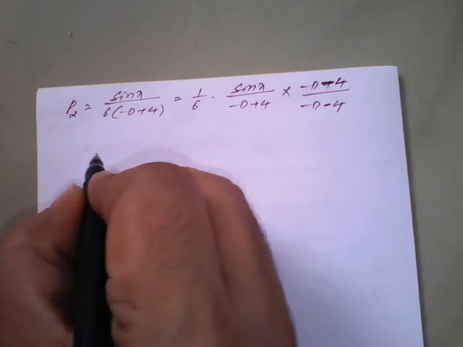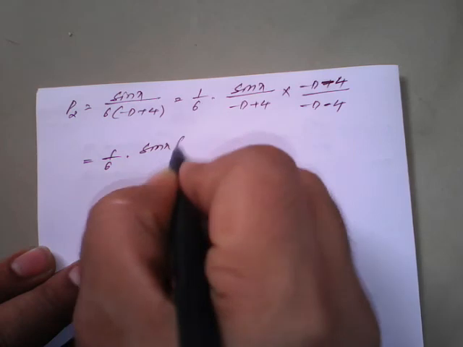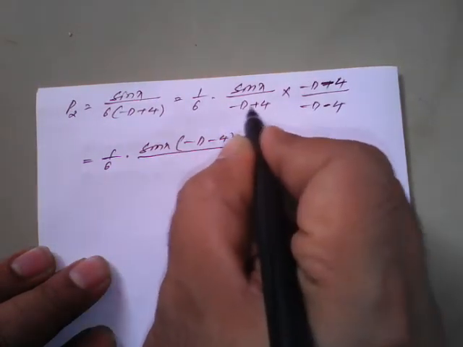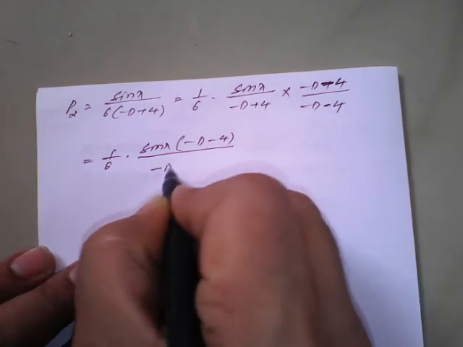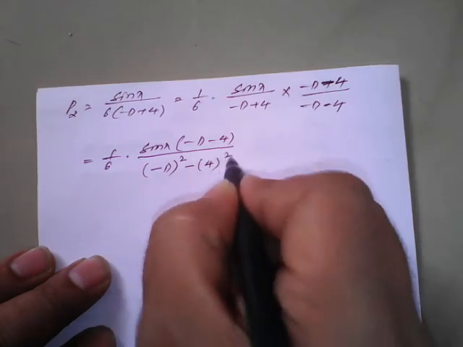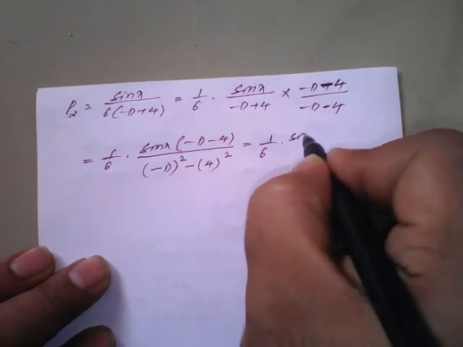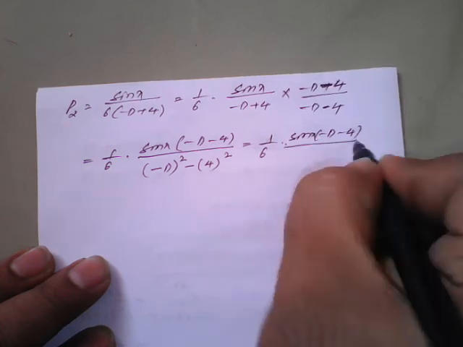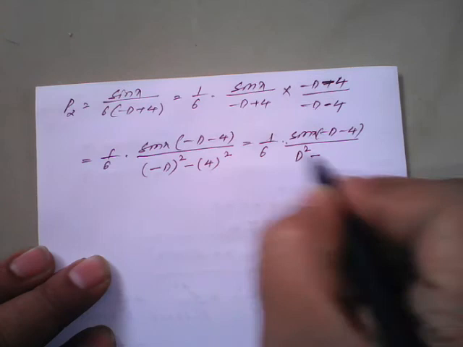So therefore, 1 by 6 sine x times minus D minus 4 will multiply, so (a plus b)(a minus b), therefore minus D squared minus 4 squared, which is nothing but 1 upon 6 into sine of minus D minus 4 kept as it is, divided by minus D squared minus 4 squared, which is 16.